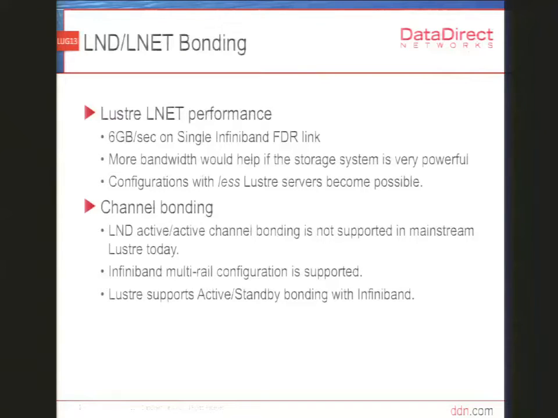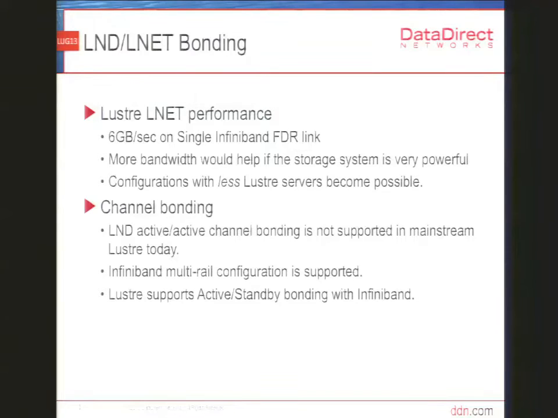Today's topic is the Lustre network driver, its performance, and bonding. Today on our Lustre network, we are getting 6 GB per second on Infiniband QDR links. Of course, we want more bandwidth.